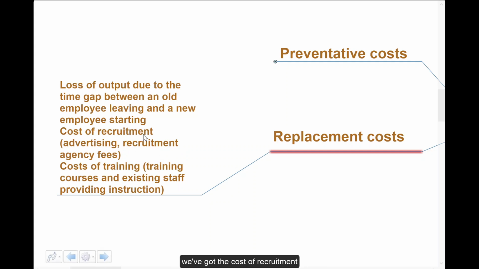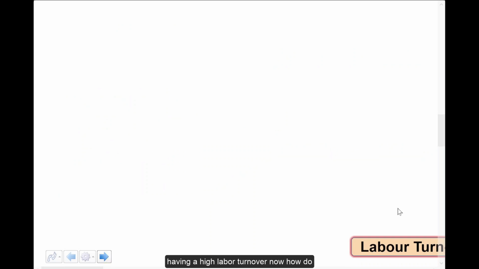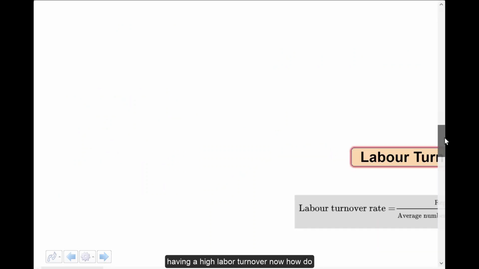We've got the cost of recruitment, advertising, agency fees, etc. And we've also got new costs of training and possibly involving existing staff in applying instruction in some way, shape or form. So there's several costs associated with losing staff or even having a high labor turnover.